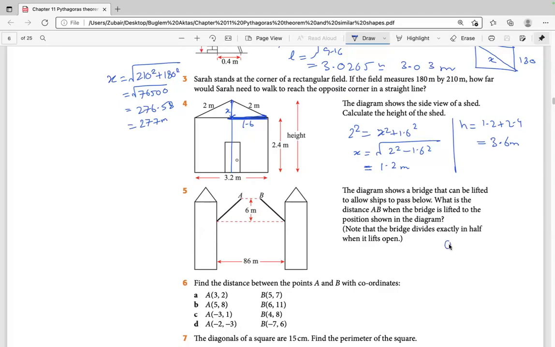I'm getting 0.841324, approximately equal to 0.84 meters. Let me know once you're done. Then we can discuss the working.